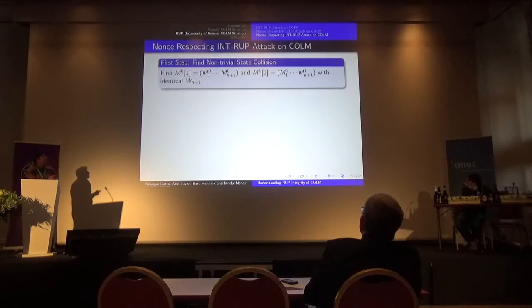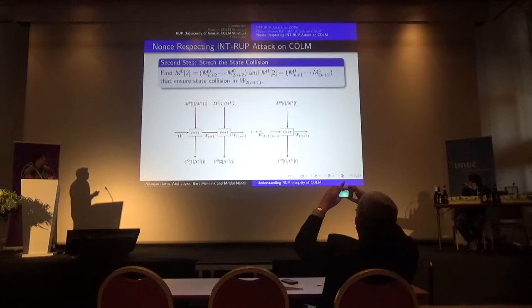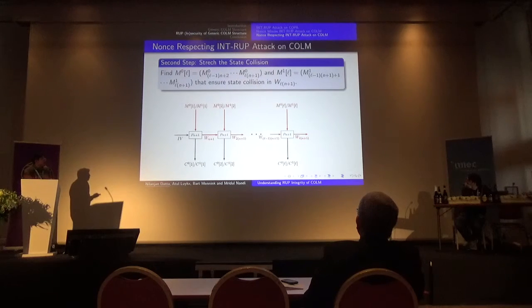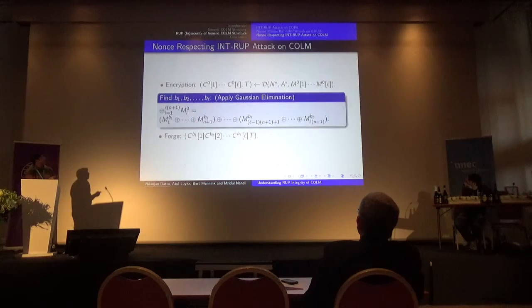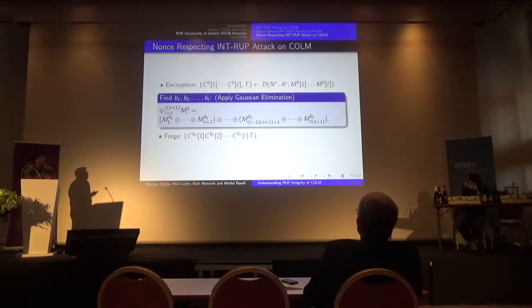As the first step, we can find a non-trivial state collision for two messages of length n plus 1, and we can again stretch that up to L many blocks, and finally we mount the attack as follows. First we make a decryption RUP query on M01 to M0L and get this ciphertext and tag.